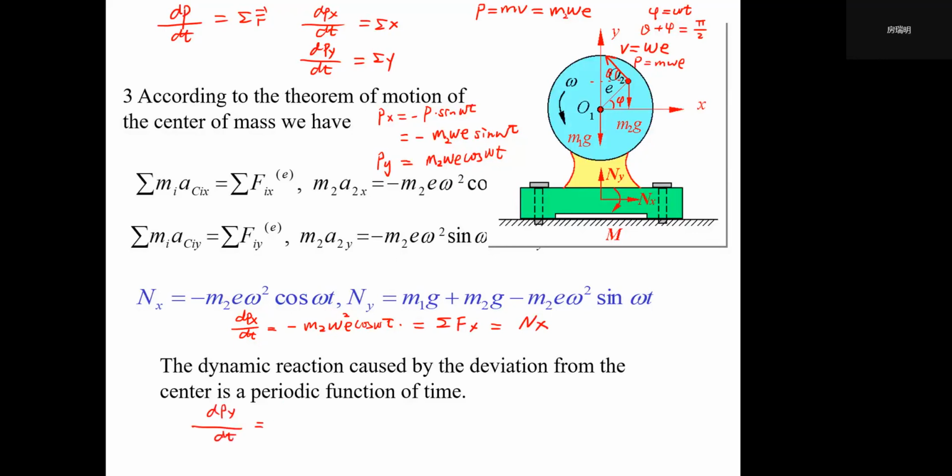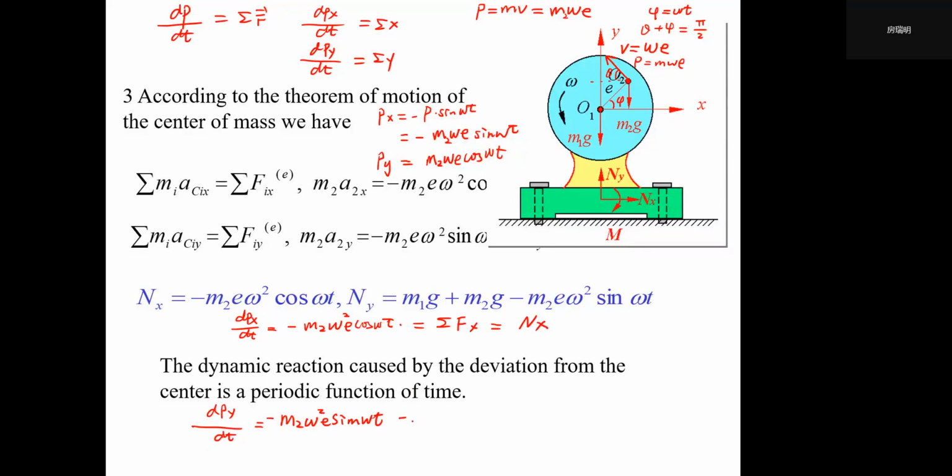And again, dpy/dt. For our py, m never changes, omega e, but cosine omega t, its derivative will be minus sine omega t times omega. So we have omega squared also, right?